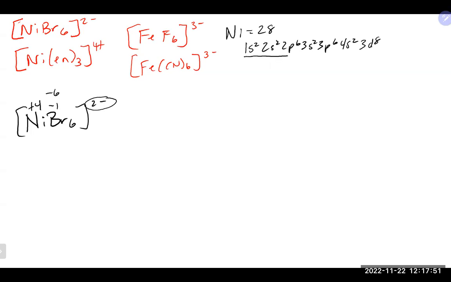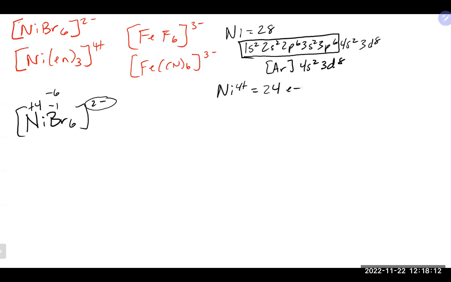Again, you could also shorthand it as we talked about earlier. That right there should be argon, 4s2, 3d8. So that would be the electron configuration for our nickel with no charge. Our nickel with a +4 charge would have 24 electrons, as it lost 4 electrons. As we talked about, when transition metals like nickel lose electrons, which ones come out first?